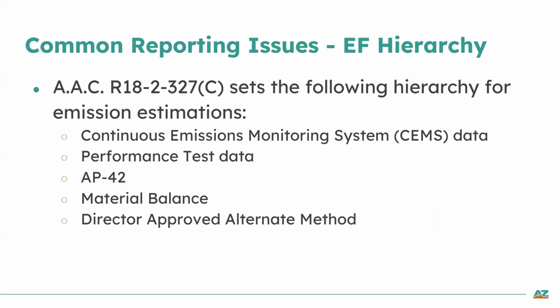For emissions calculation methods, continuous emissions monitoring systems, or CEMS, and stack test data are preferred. If those methods are not applicable to a process, then we recommend using AP-42. In case the first 3 calculation methods are not applicable, we will accept other calculation methods with appropriate documentation.